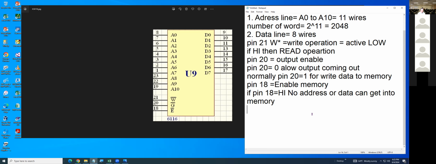Okay, so now finally I want to talk about how to write data to memory.